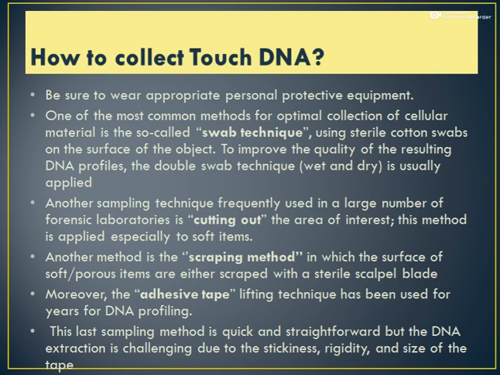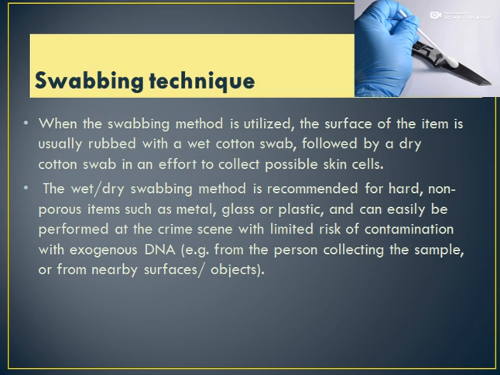Now, let's have a look at the swabbing technique. Any article which has been found on the surface of a crime scene, you can swab it and take it. When the swabbing method is utilized, the surface of the item is usually rubbed with a wet cotton swab, followed by a dry cotton swab in an effort to collect the possible skin cells.